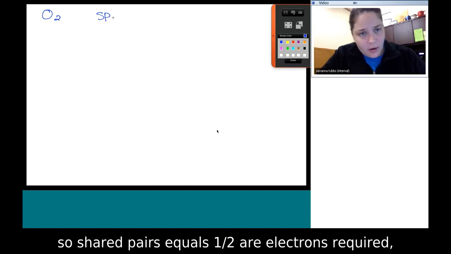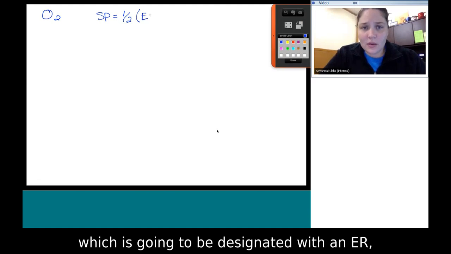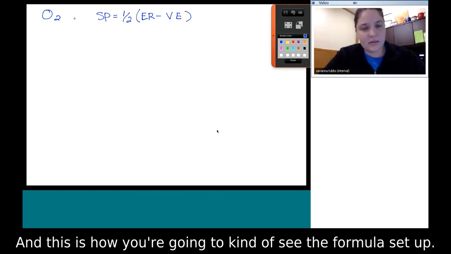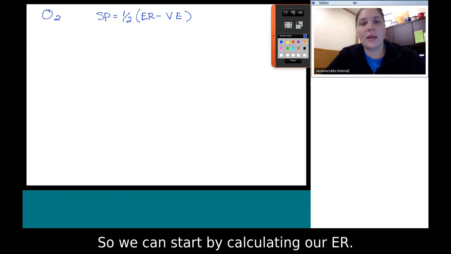So shared pairs equals 1/2 our electrons required, which is going to be designated with an ER, minus the valence electrons available, which is VE. And this is how you're going to kind of see the formula set up. So we can start by calculating our ER.